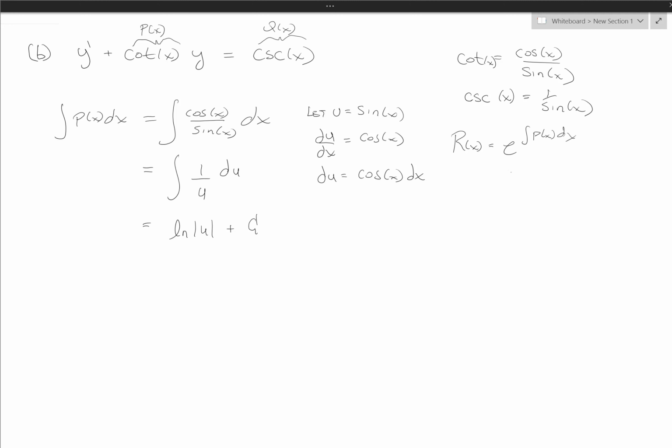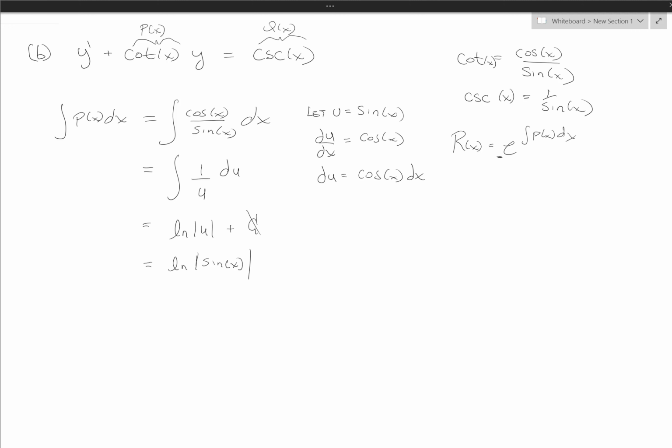Remember, we said that this is just going to become multiplied. It's going to be a constant in Rx that you can divide both sides. So I'm going to get rid of the c. I'm going to ignore that. So the integral of p of x dx is just ln of sine x.